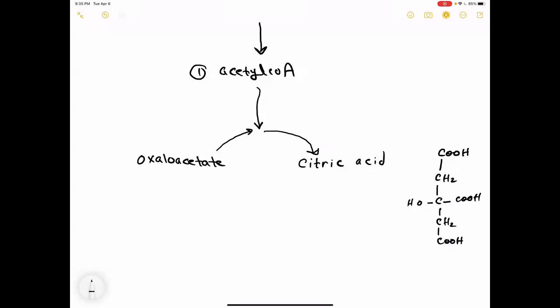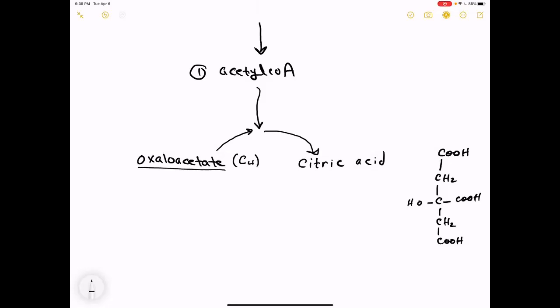What I need you to pay attention to, then I expect you to be able to tell me, is that oxaloacetate here is a C4 compound. Look, without me telling you why, you have to pay attention to this stuff. How come? Because citric acid has 6 C's in it.